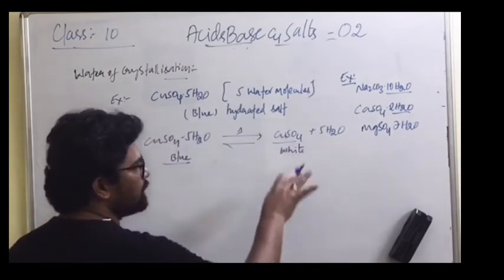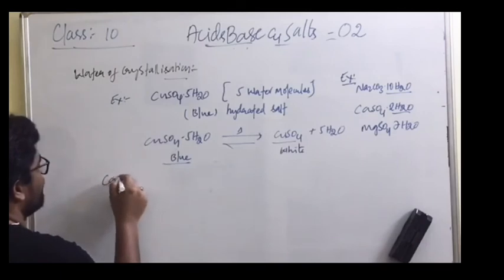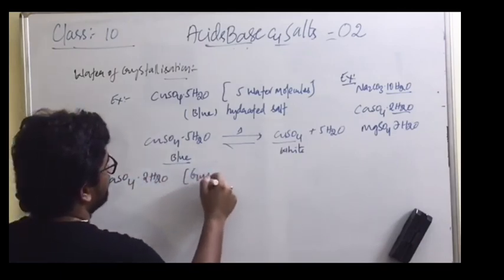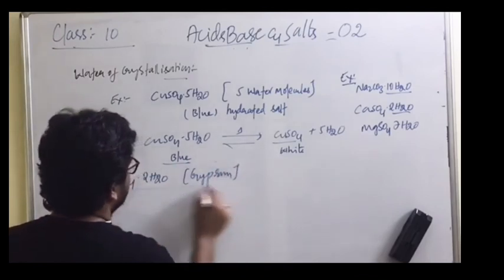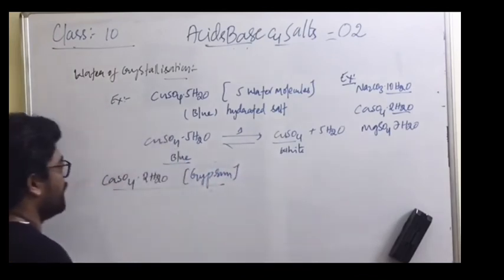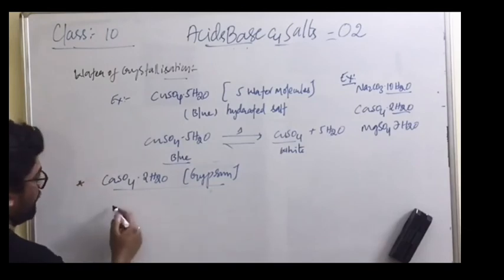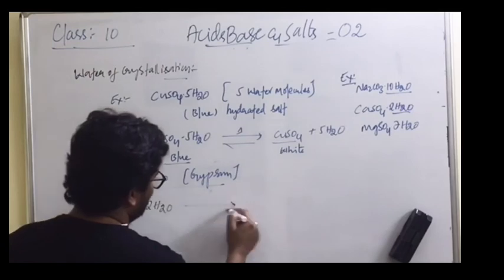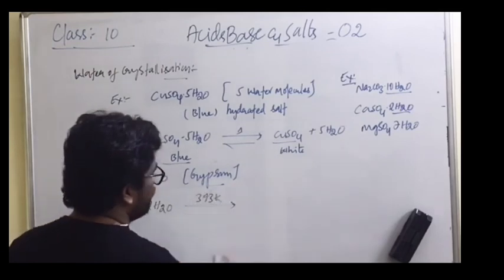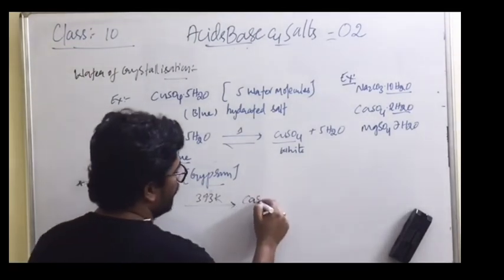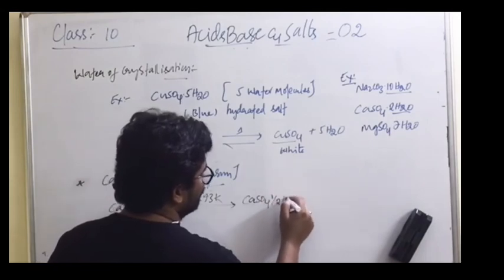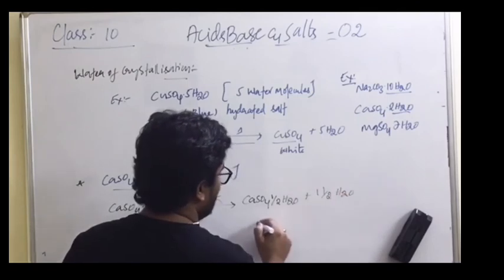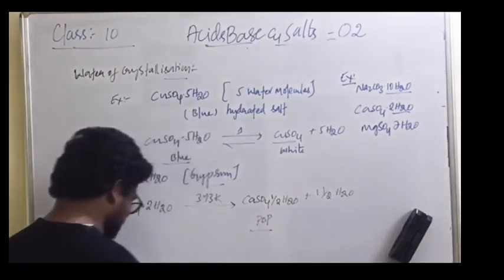Let us try to understand one more example. CaSO4.2H2O is called gypsum. So the water of crystallization for gypsum is 2. When gypsum is heated at 373 Kelvin, it forms CaSO4.½H2O, which is nothing but POP, plaster of Paris.